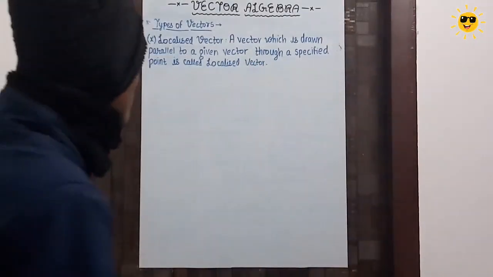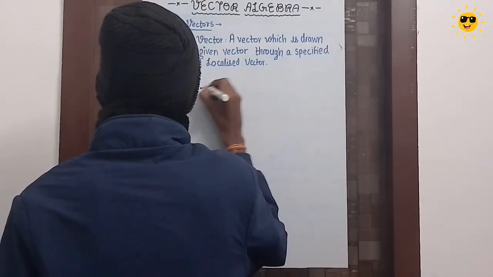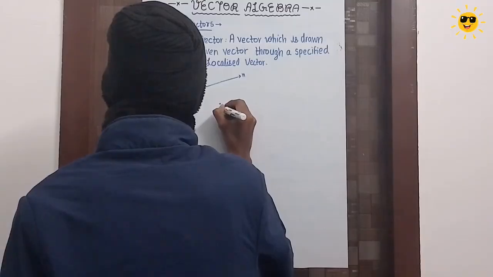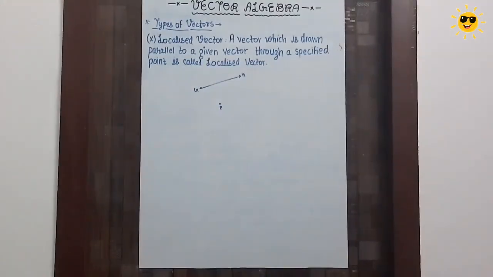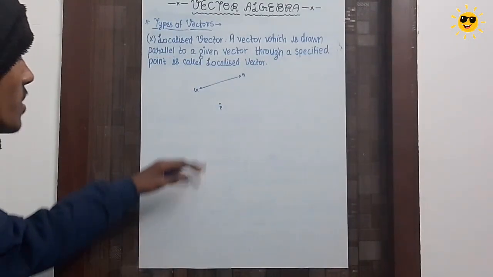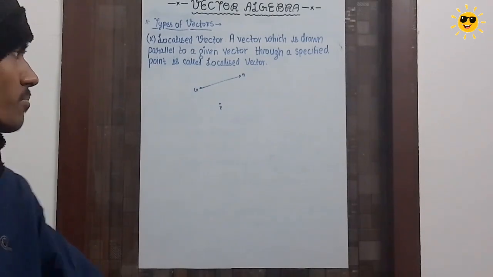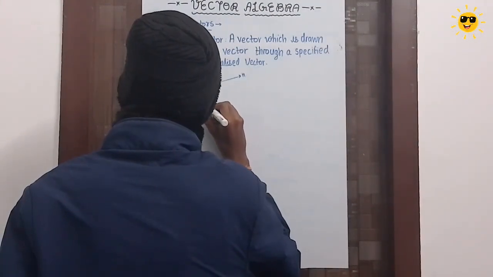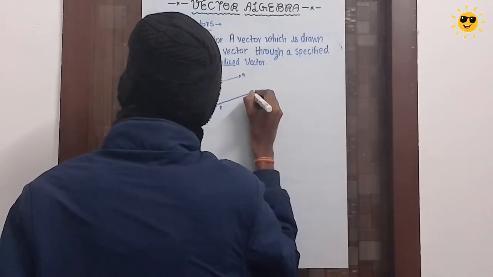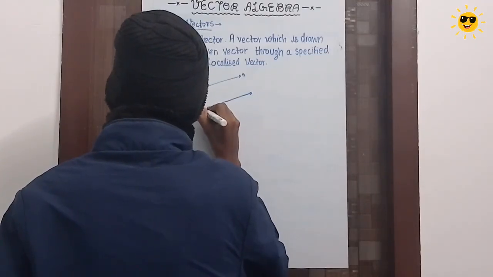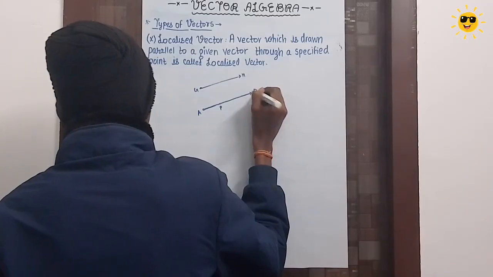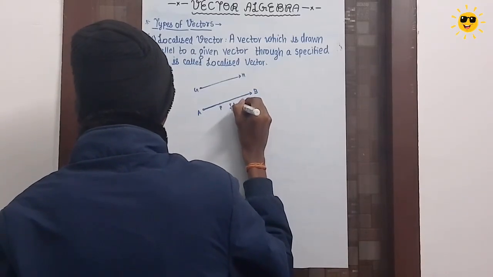For example, let's say this is a vector, this is a point. Now I have to draw a vector which must be parallel to the GH vector but also passes through P. So there can only be one vector, meaning there can only be one support. Thus it is localized.